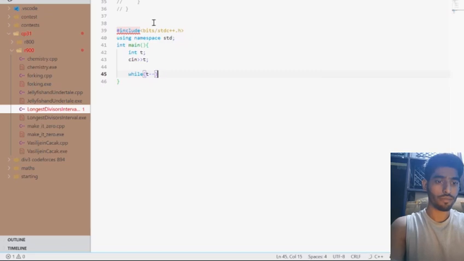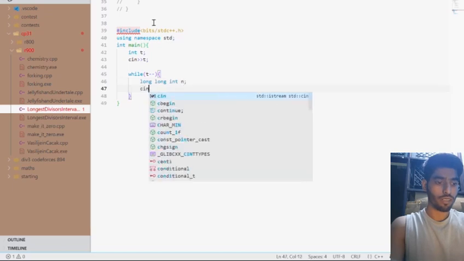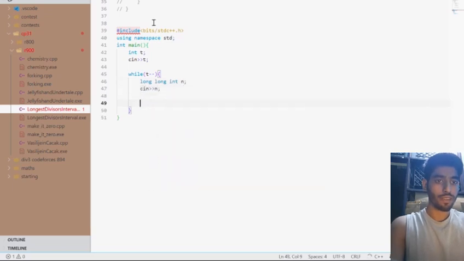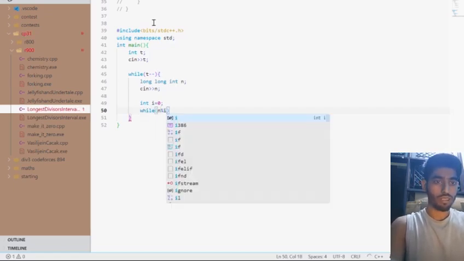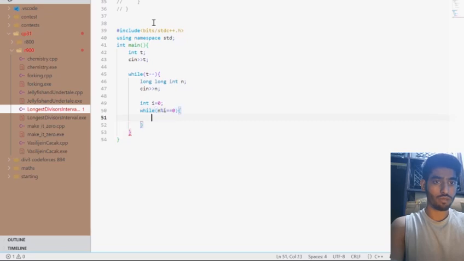Because our n can go up to 10 to the power 18. Then i is equal to 1, while n modulo i is equal to 0, we do i plus plus, and when the loop breaks, we return i minus 1.